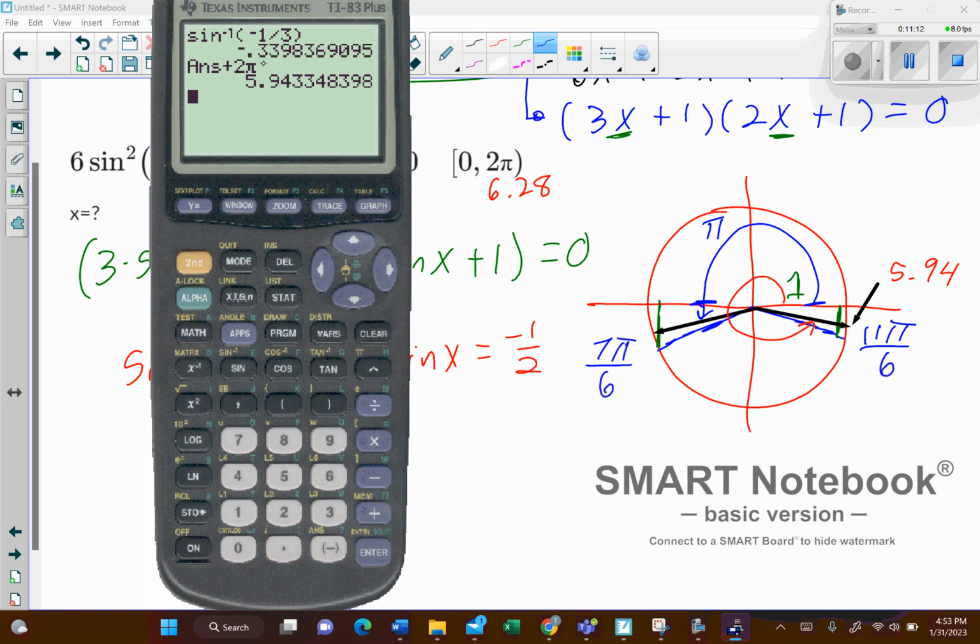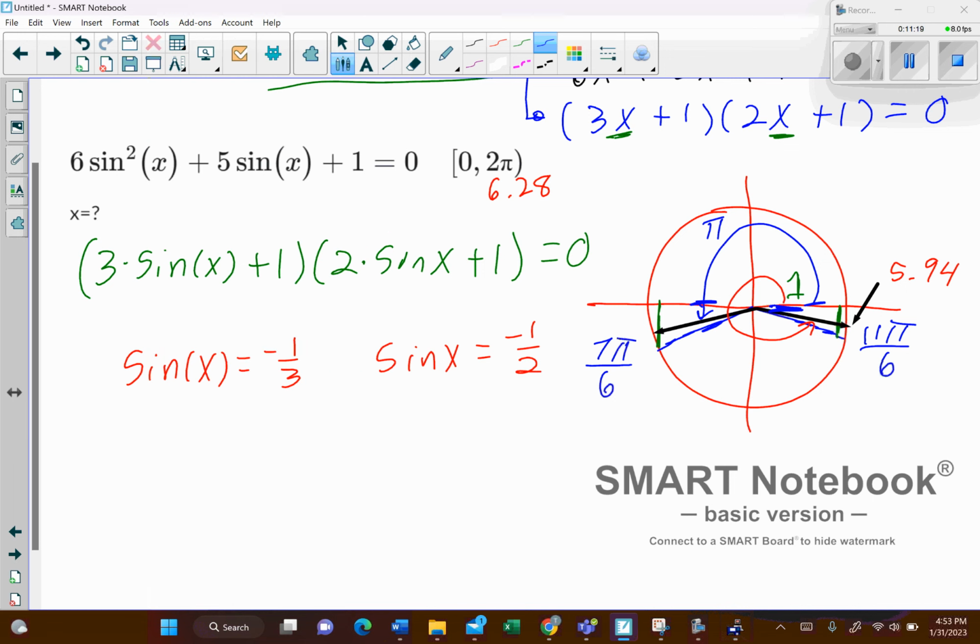That little sliver is basically negative 0.34, this angle right here. So those two angles right here are actually coterminal. They terminate at the same spot, one going clockwise and one going counterclockwise, the traditional way we like to go around. So that angle right there is negative 0.34.